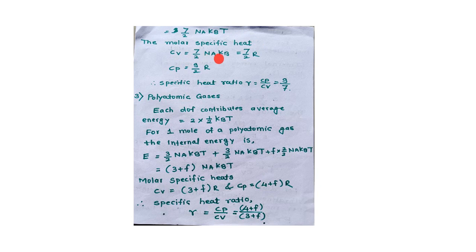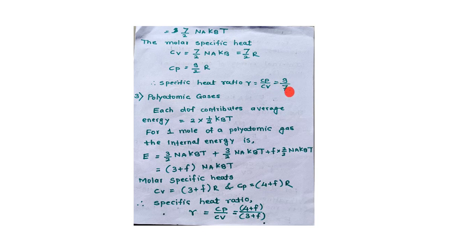NakB is R, so the value of Cv is 7/2 R, and Cp is 9/2 R. And the ratio of specific heats, gamma, equals Cp upon Cv equals 9/7.